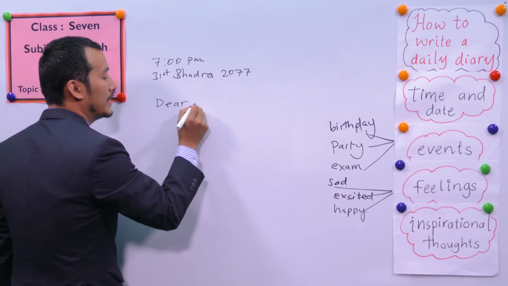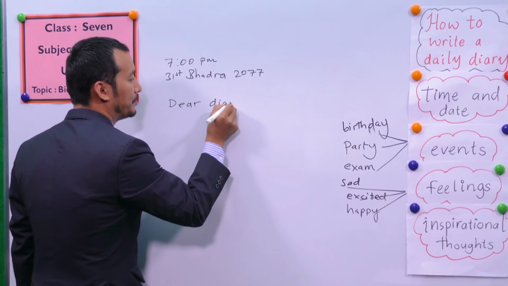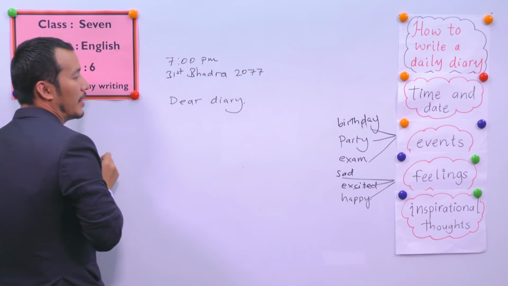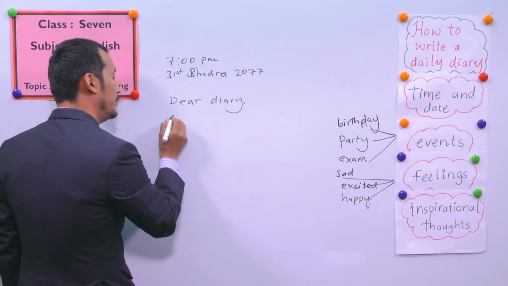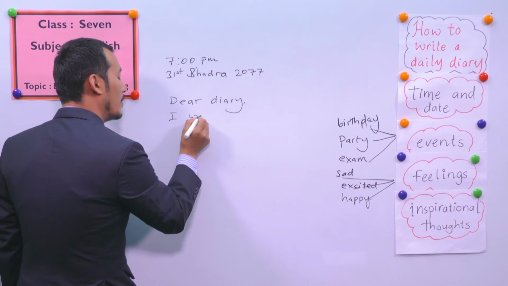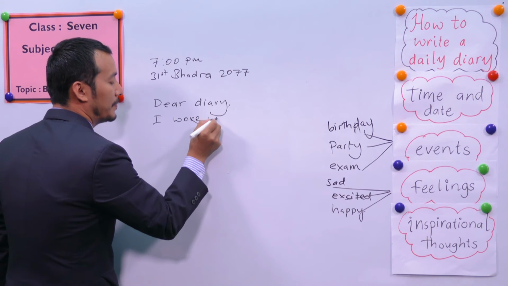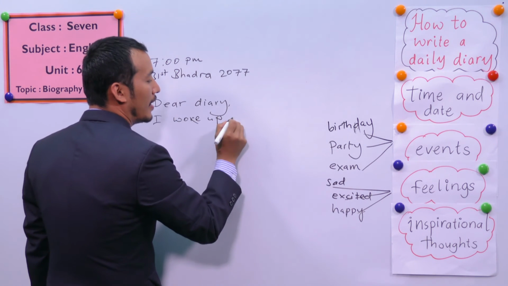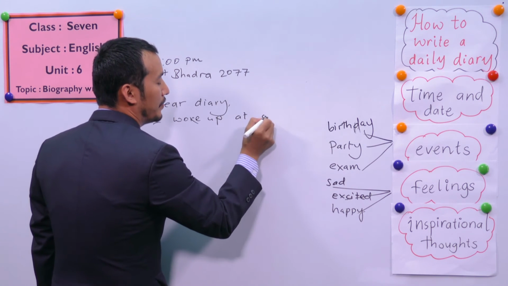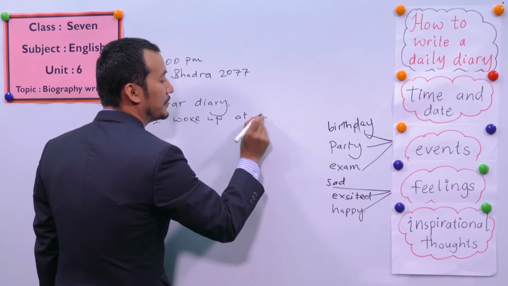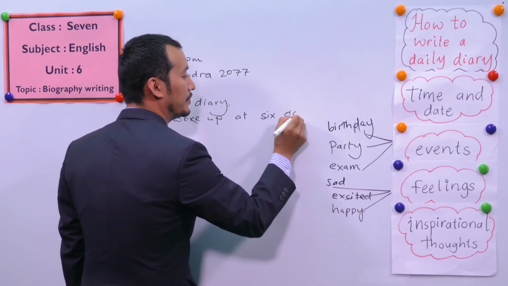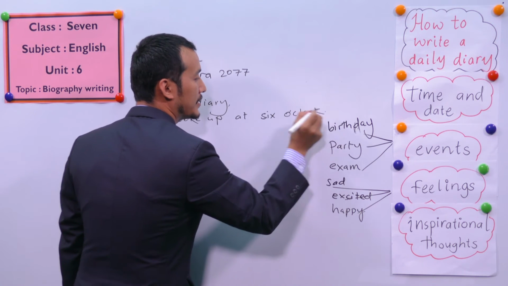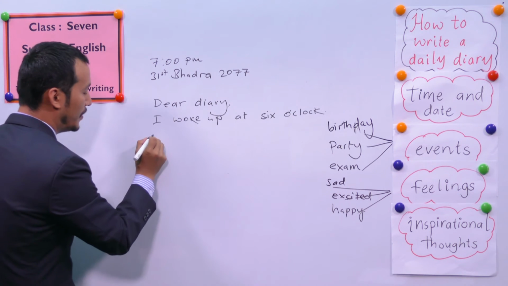You can say, dear diary, and you can explain how you got up or when you got up. I woke up at 6 a.m., at 6 o'clock in the morning.